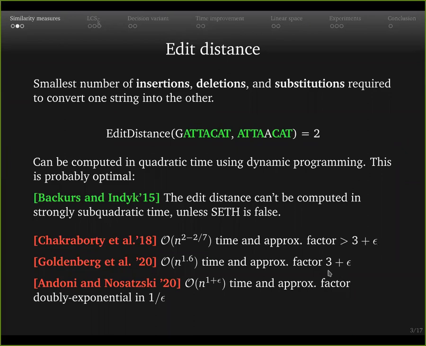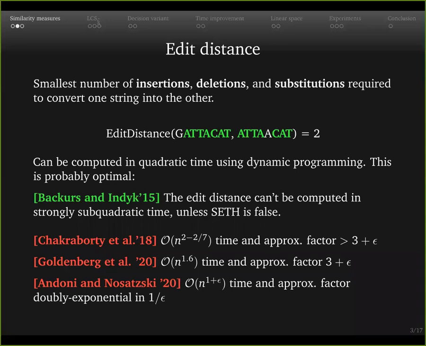And in a paper in STOC 2020, there is now n to the power 1.6 time and an approximation factor of 3 plus epsilon by Goldenberg et al. And Andoni and Nosatzki showed this year an n to the power 1 plus epsilon time approximation, but the approximation factor is doubly exponential in 1 over epsilon.